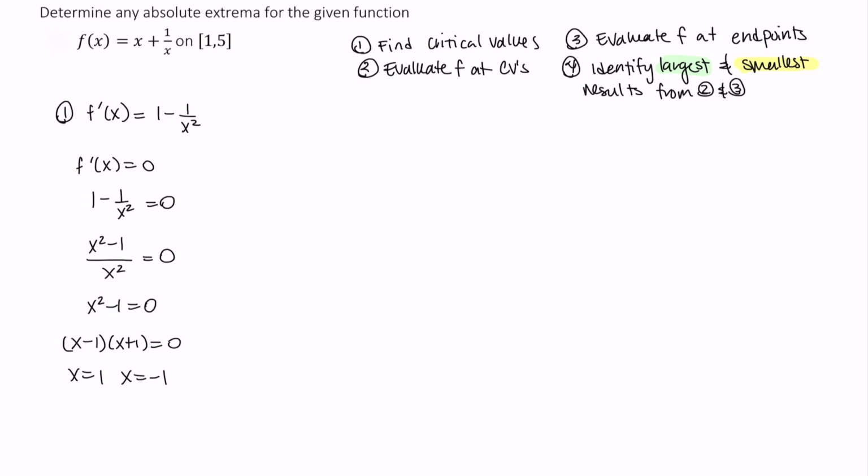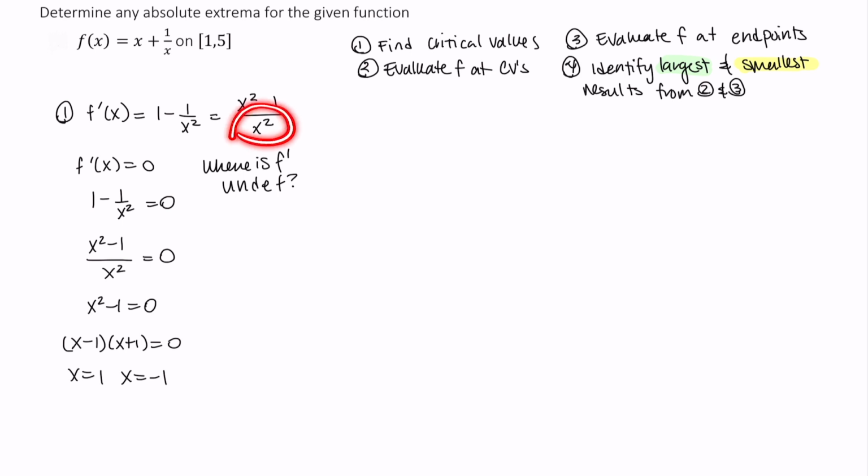And now before I go and chat about where this derivative is undefined, I'm going to make it very clear that our first derivative of 1 minus 1 over x squared can be rewritten equivalently as x squared minus 1 over x squared. So now I'm going to ask, where is f prime undefined?